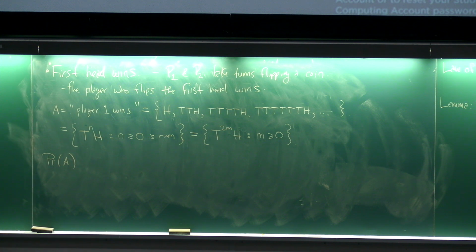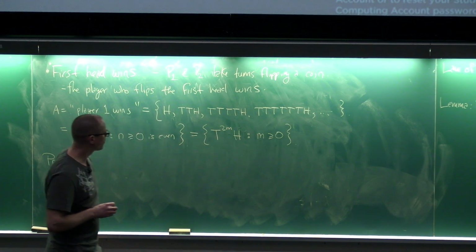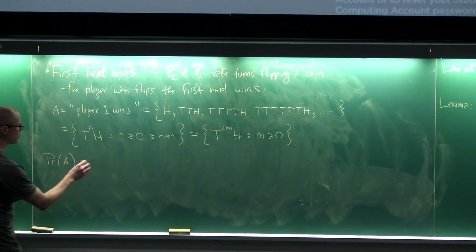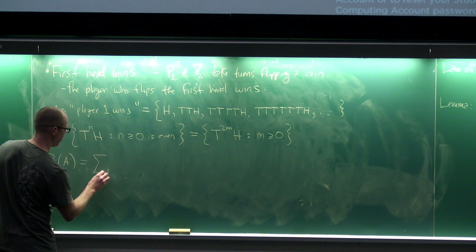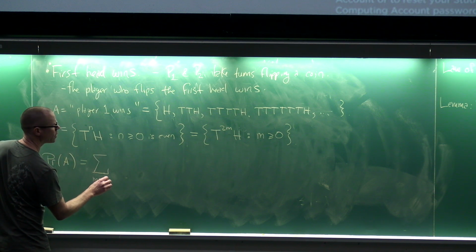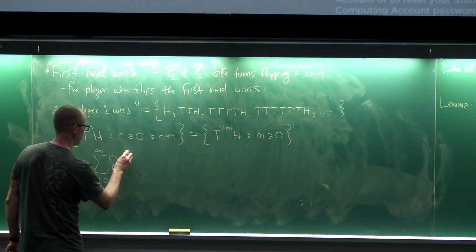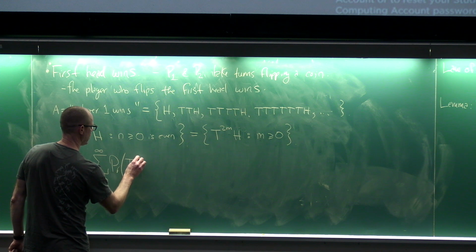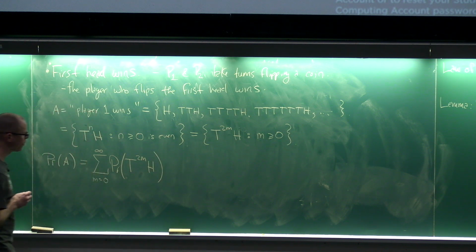So, we'd like to know the probability of A. What's the probability that player 1 wins? So, this is what the set A looks like. So this is just going to be the sum, m equals 0 to infinity of the probability of this thing, t to the 2m h.